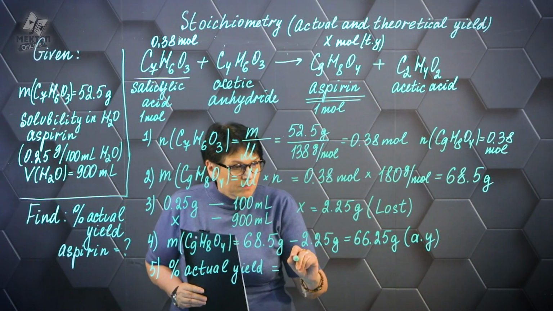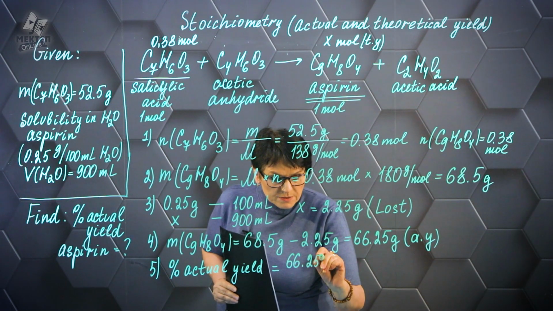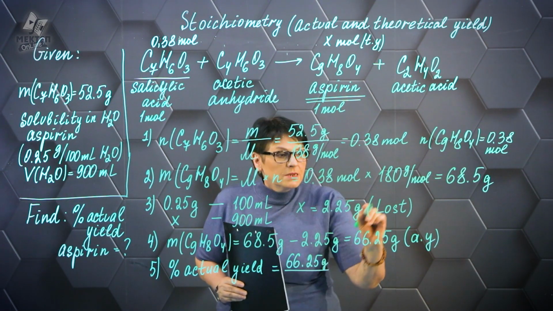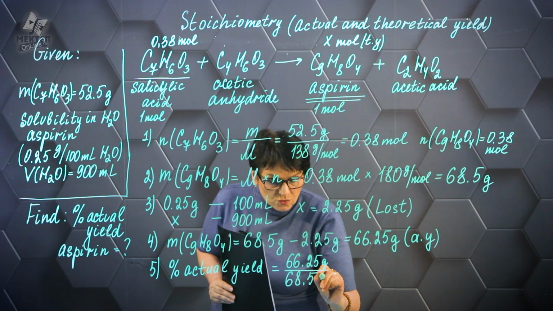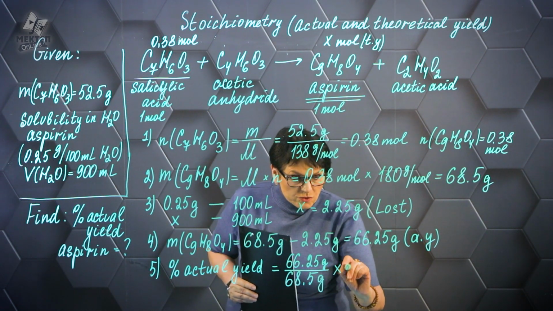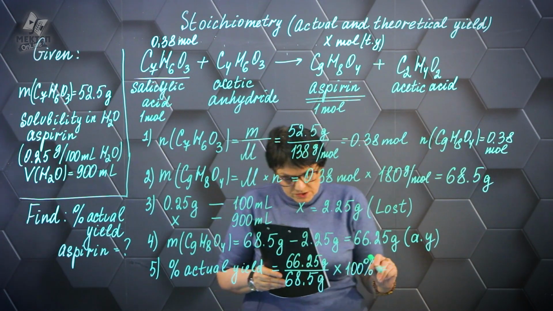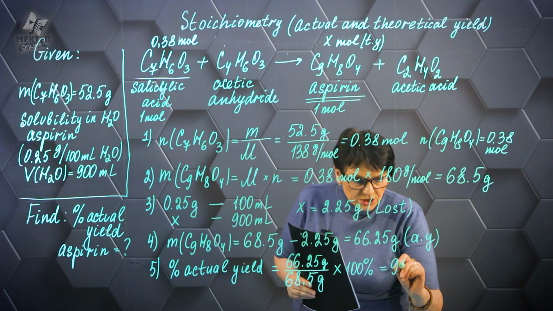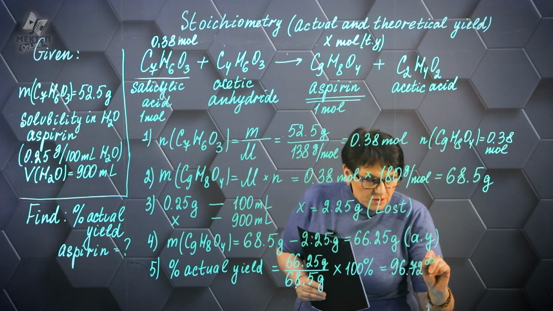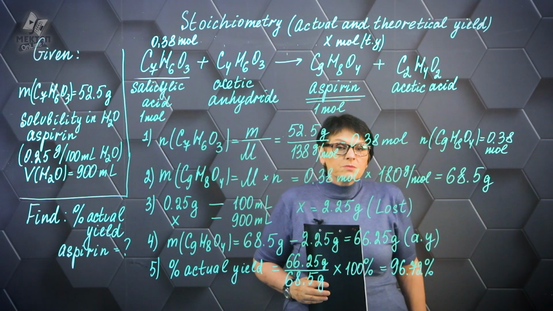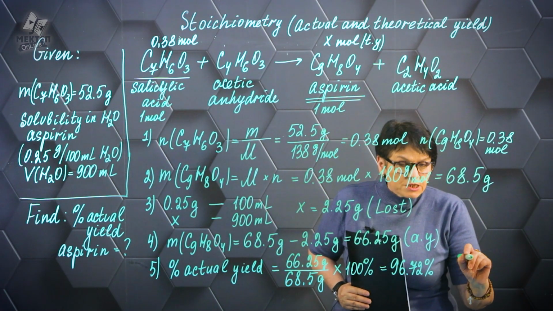In order to do that, we take the mass, which is the practical yield, divided by the mass of how much aspirin we should have gotten in the first place, and multiply by 100%. And in this case, we get 96.72%. I would like to draw your attention to the fact that the percent yield cannot be more than 100%.